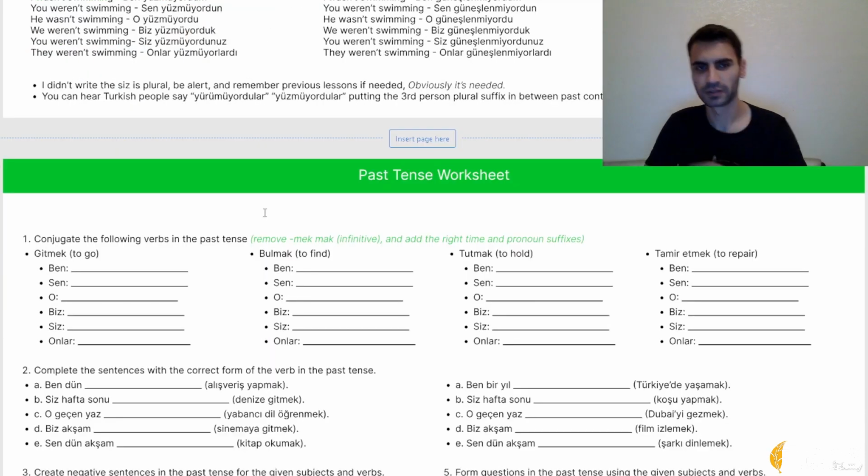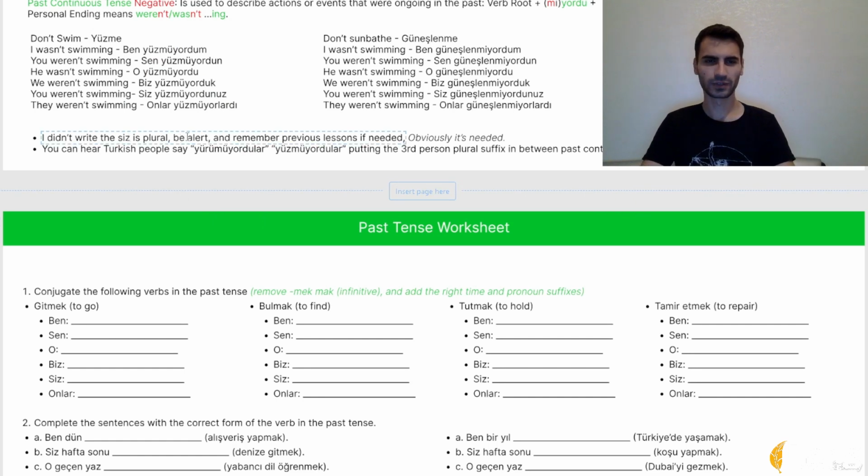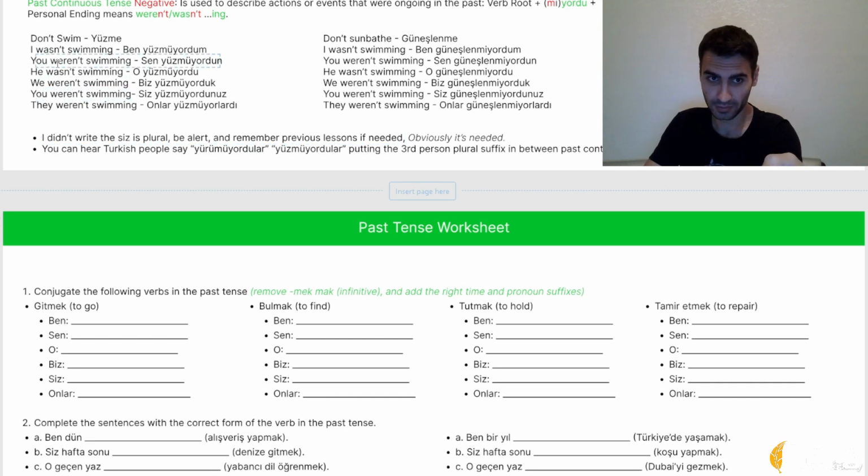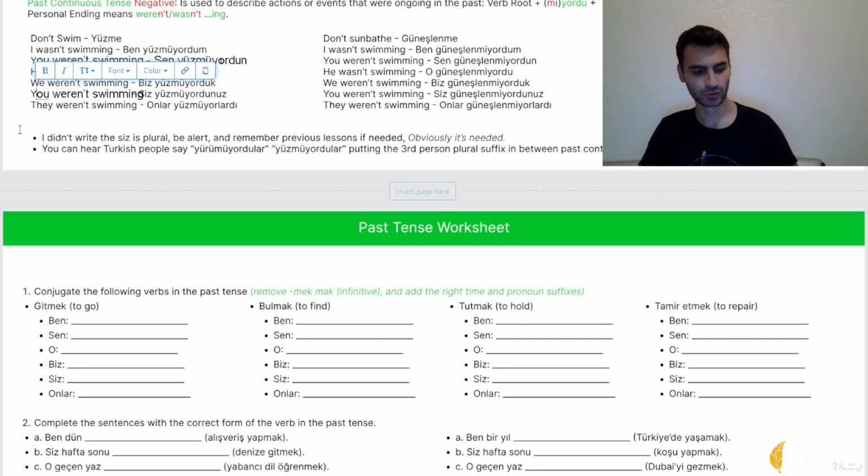Yes, just makes perfect. I didn't write the siz is plural. You weren't swimming here, and you weren't swimming here. You know, one of them is plural.